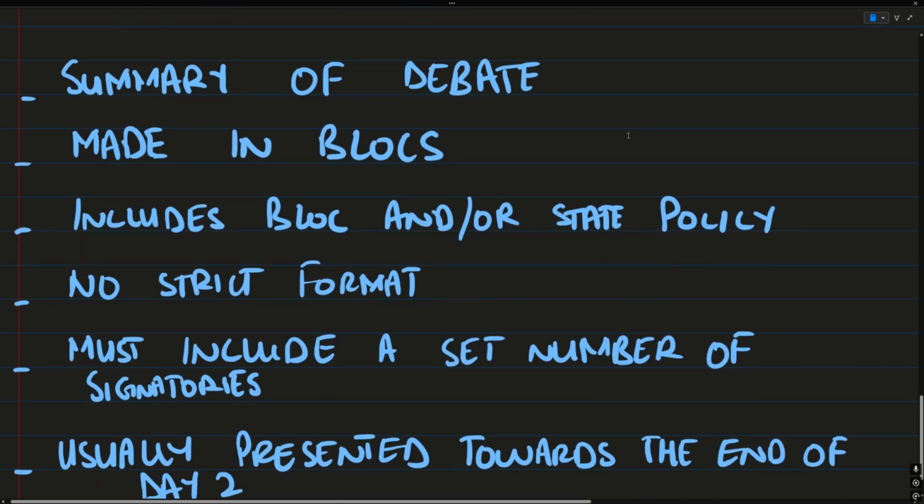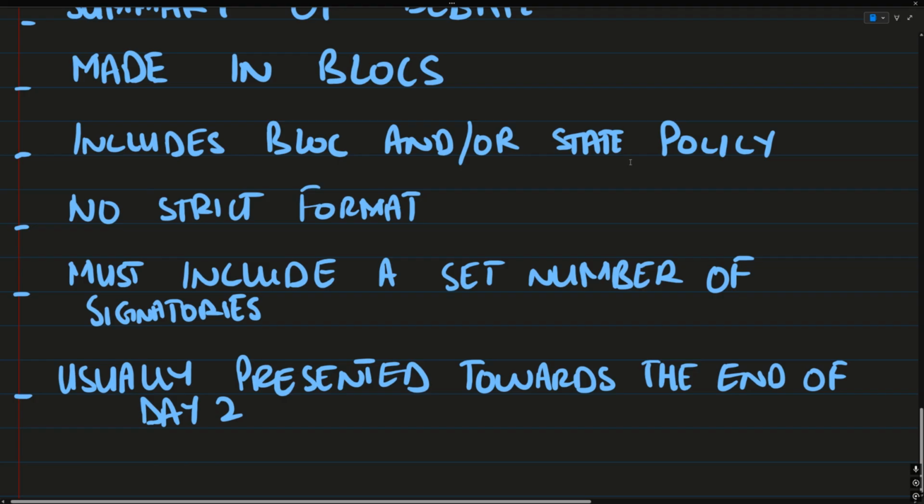So the next thing that you need to keep in mind is that it has to have a set number of signatories. Meaning that if your working paper fails to come up with, let's say, 7 signatories, the working paper cannot be entertained by the dais because it does not grasp the attention of a certain number of members in the committee. Right? For example, for General Assembly committees, it is usually either 1/6 of the committee or 1/8 of the committee.